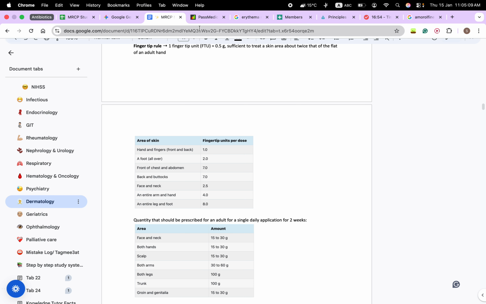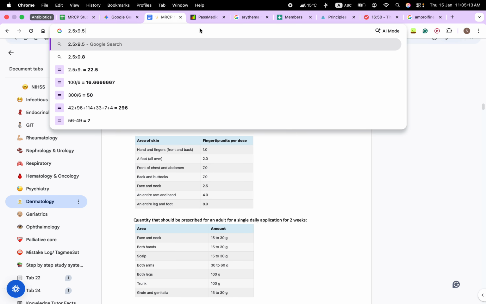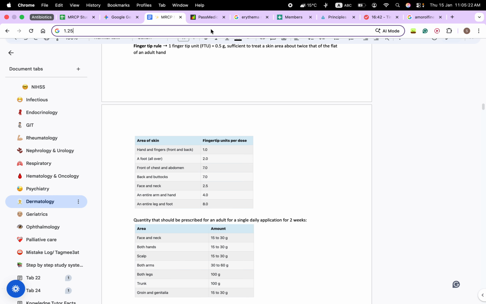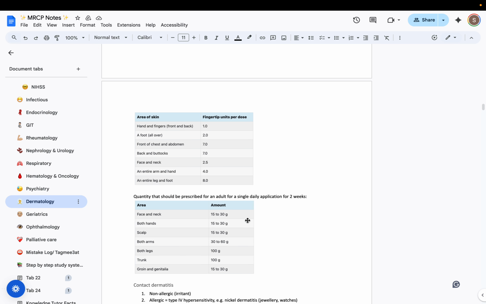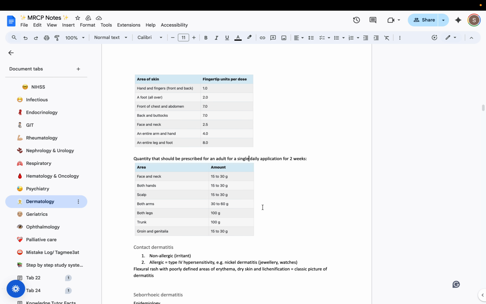So that's 2.5 times 0.5, which is 1.25 grams. So if it's needed once per day, we have to multiply that by 14 days. So the patient will need to be prescribed 15 to 30 grams for the face and neck, once a day for 2 weeks.